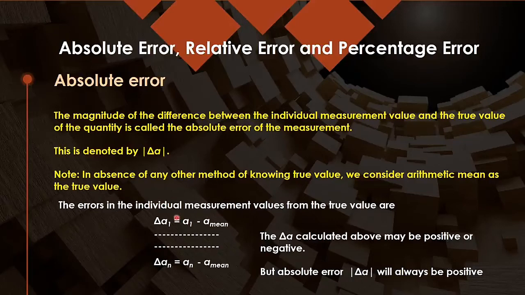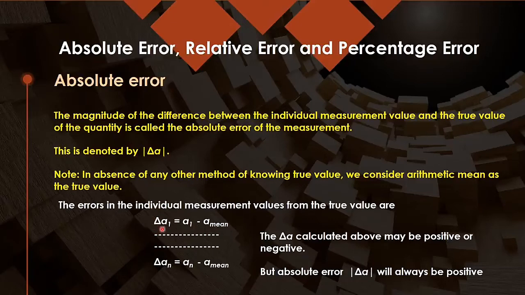If you want to find the errors in individual measurements, say you have taken 5 observations for the length of a wire using a scale, then you find the mean value. That mean value is taken as the true value, and this is your first observation A1. So A1 minus the true value, or the mean value, gives you the absolute error for the first observation.